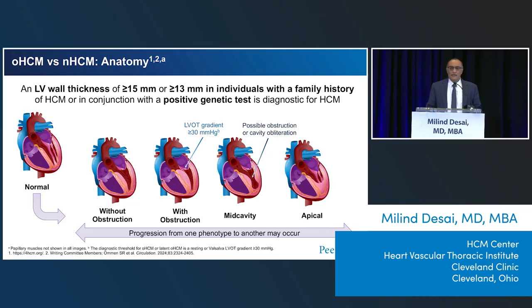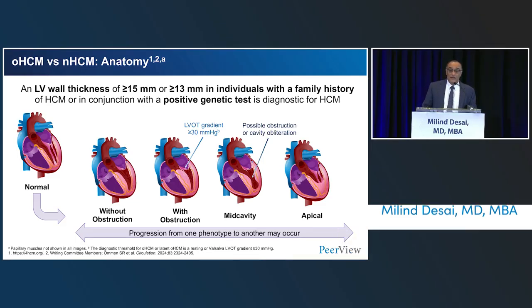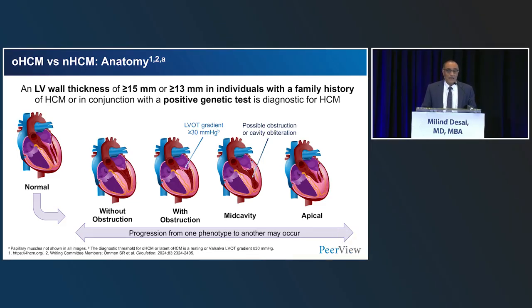First is you have to identify the appropriate phenotype, identify the anatomy. The classic definition is LV wall thickness more than 15 millimeters, or 13 millimeters in individuals with a family history. This may or may not be in conjunction with a positive genetic test.